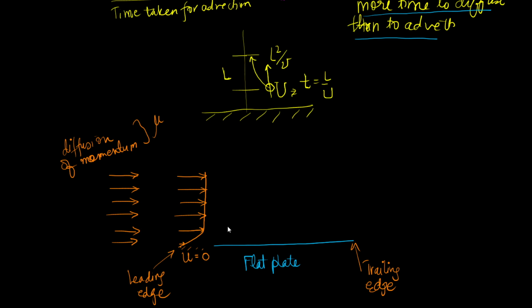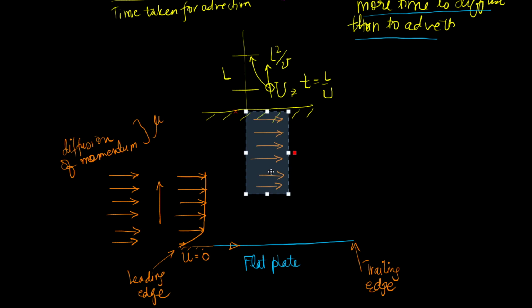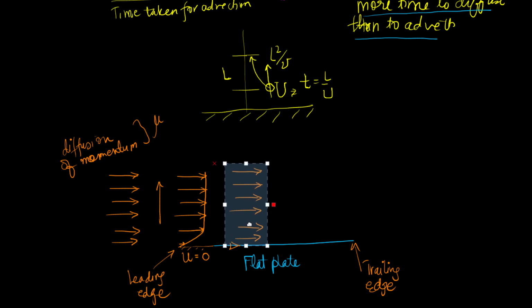As we proceed towards the trailing edge, there will be more opportunity for the effect of the flat plate to get diffused in this direction. So at a later profile, we would have something like this.